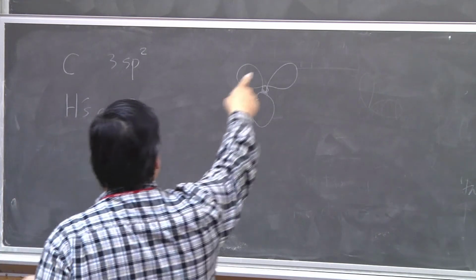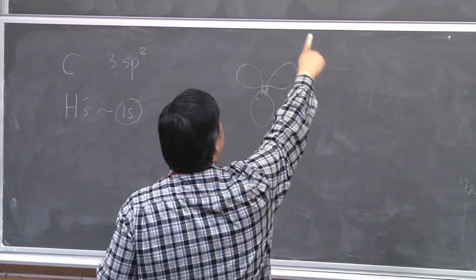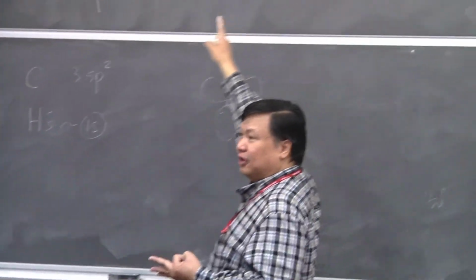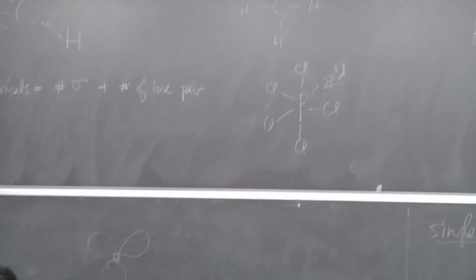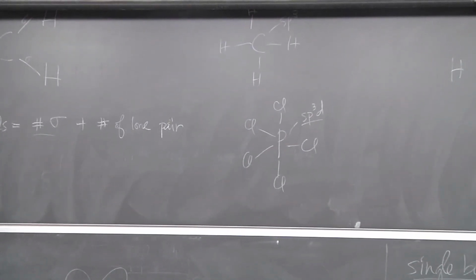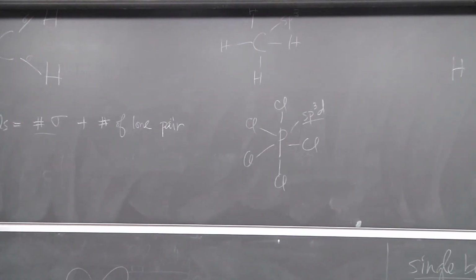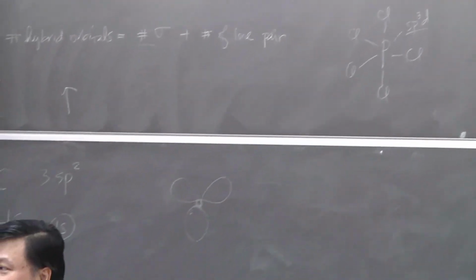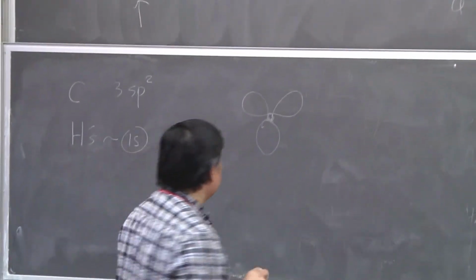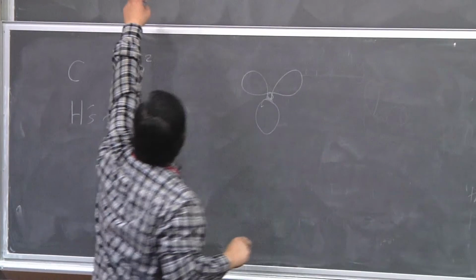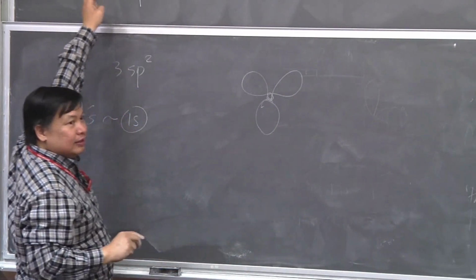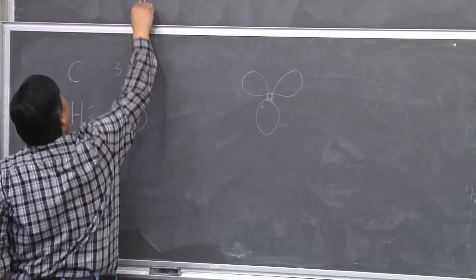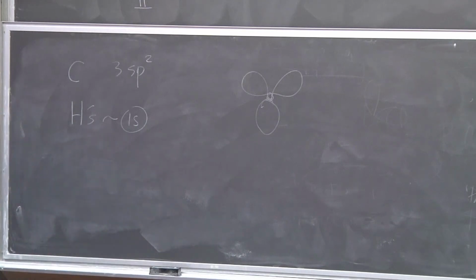In the other one, in the CH4, how many sigmas are in there? 4. So I got an S and 3 P's. That's how I get it. Okay? This is connected to that guy, that structure over there.